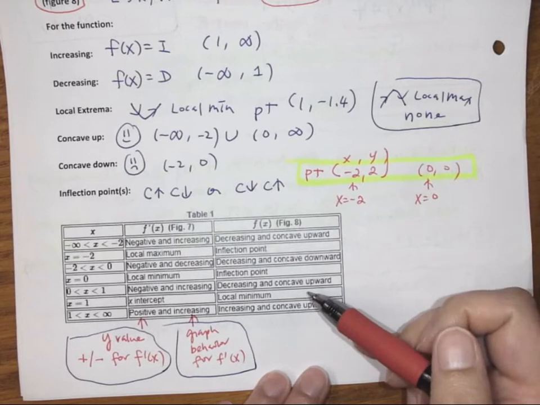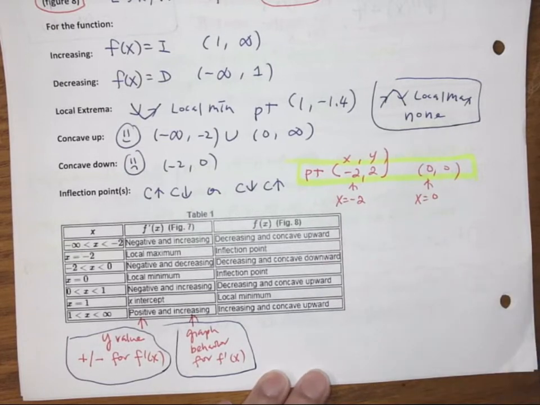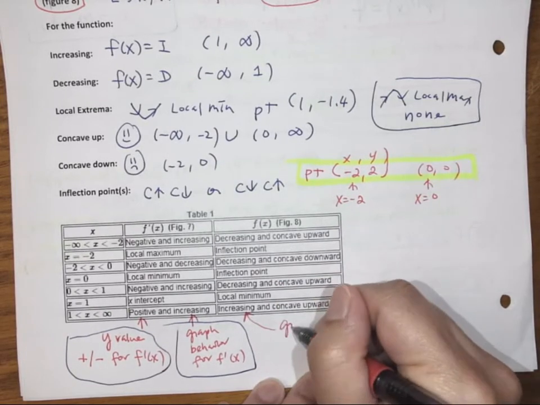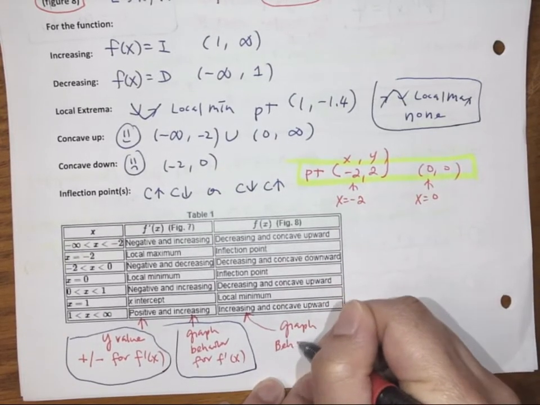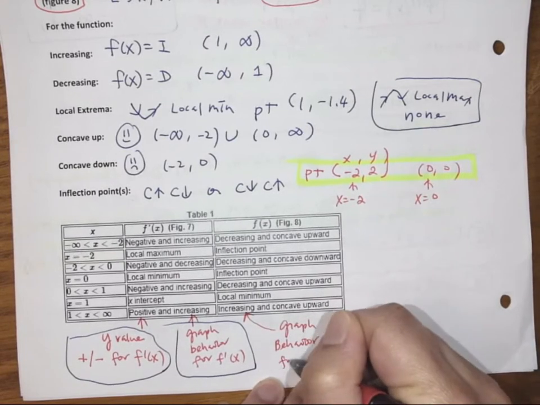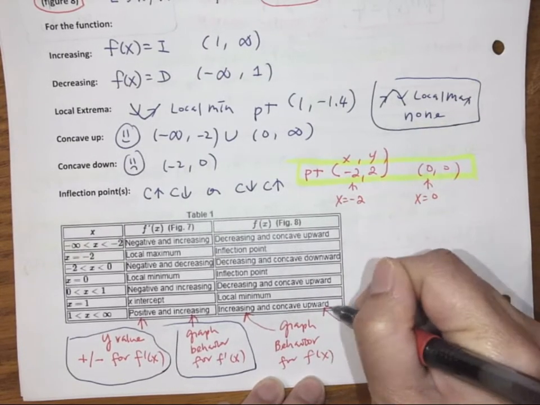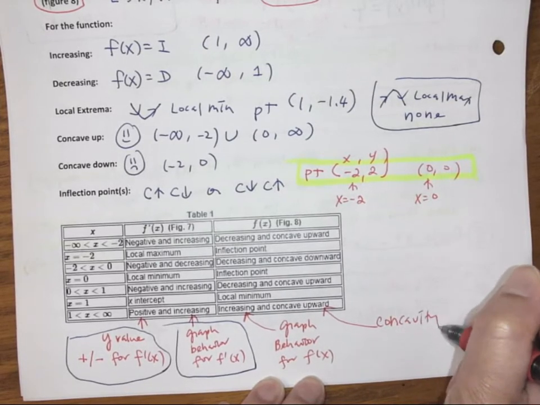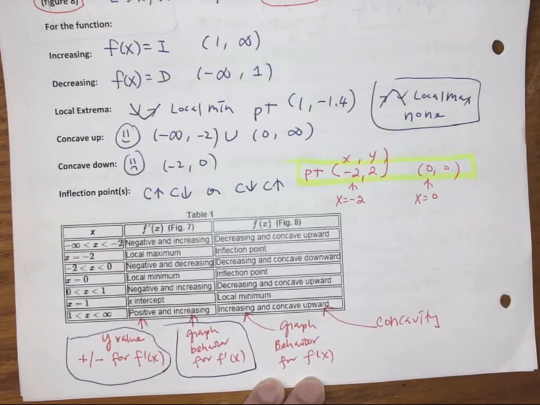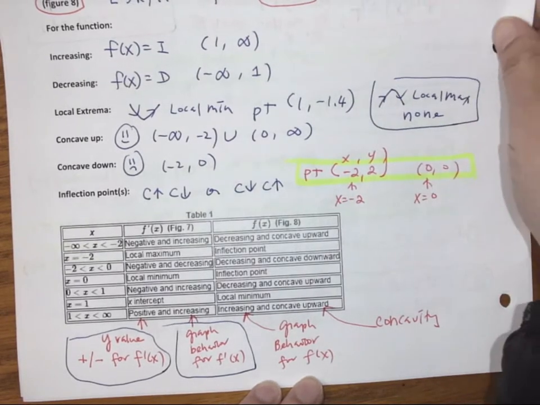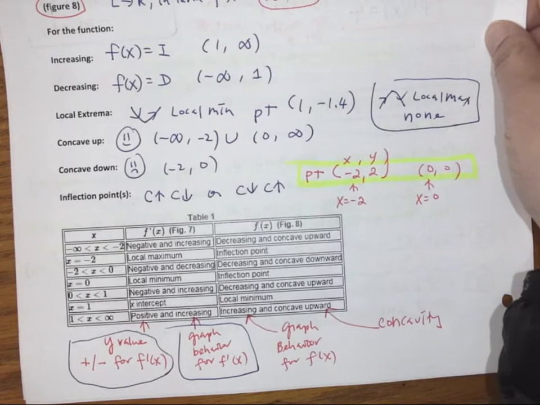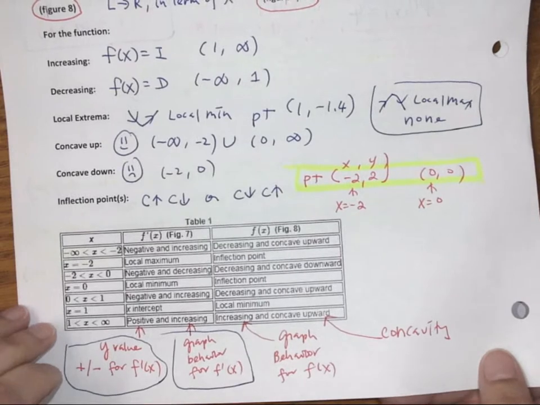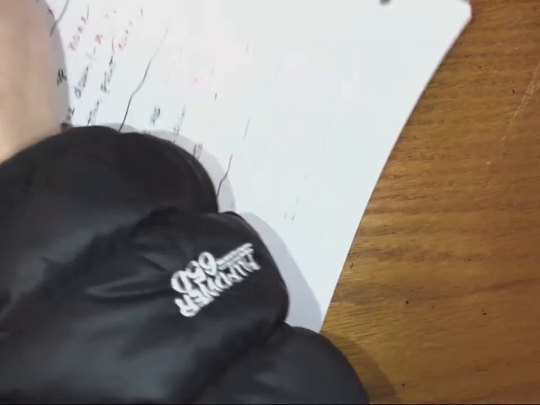And for this part, when they talk about increasing, they are talking about the graph behavior for f of x, and the upward and downward is the concavity. Personally, I feel it's a little bit confusing, so I just did the analysis like that on top, okay? All right, let's look at the next page. Ready? If not, you can pause the video and write down what we did.